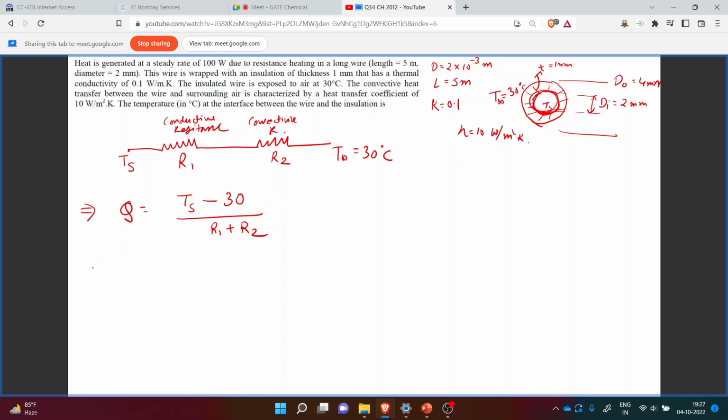Now R1 we can write it as r0 minus ri upon k times log mean area, ALM. That log mean area for the cylinder we can write as A0 minus Ai upon ln of A0 upon Ai.